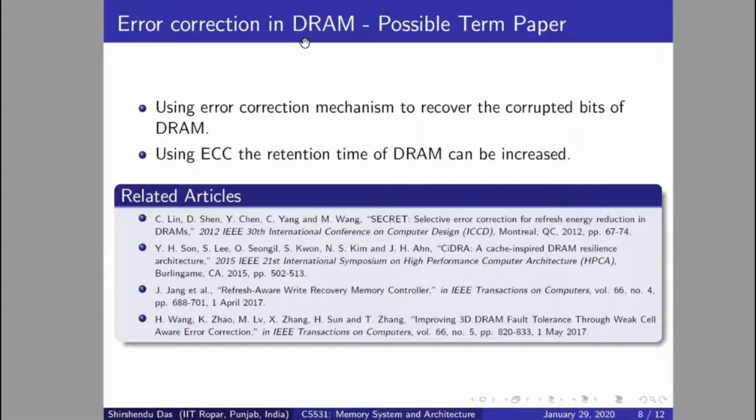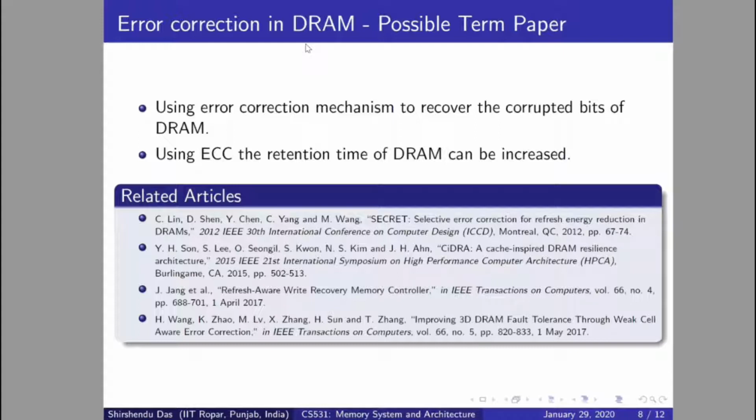But if you increase the retention time, it means the number of refreshes is less. That means it is reducing the energy overhead. Also, it is improving the access latency. But it may corrupt some of the data. So in this situation, if you have a very interesting error correcting mechanism which can correct some errors of this row, then it is very efficient, right?